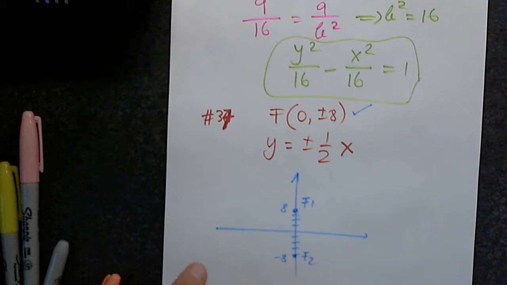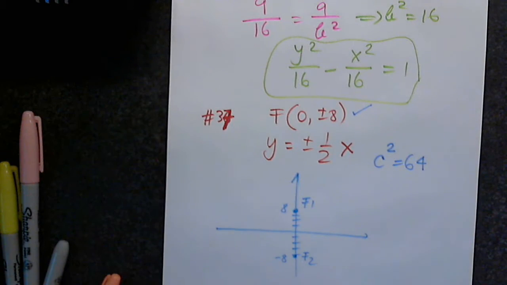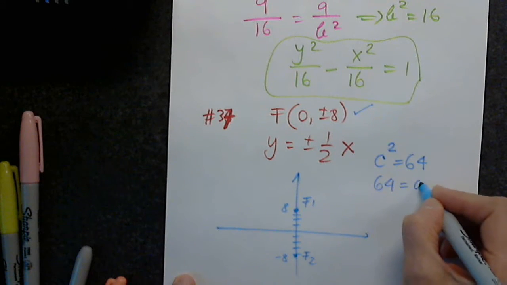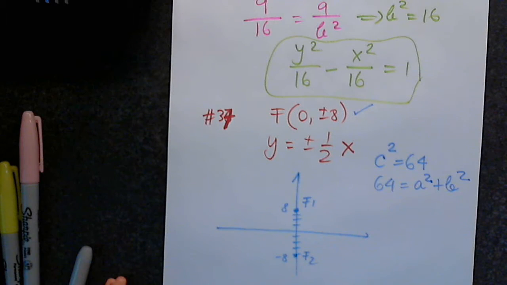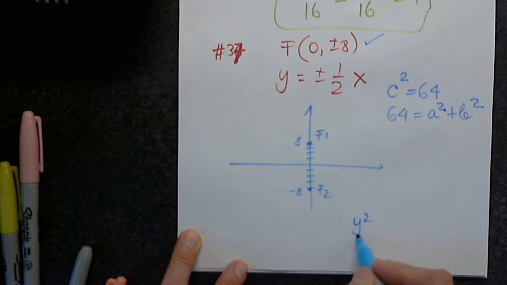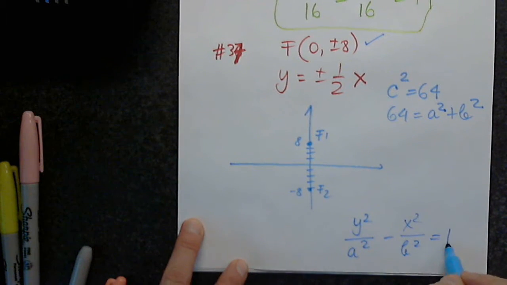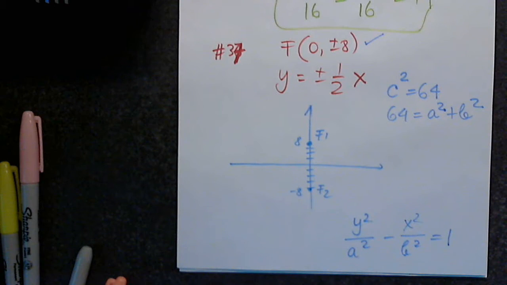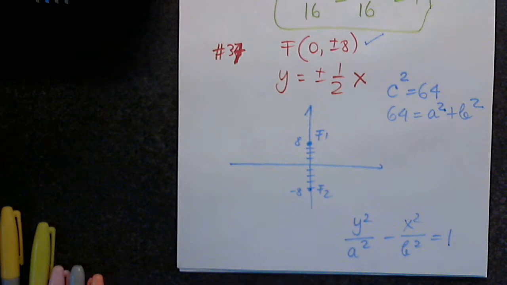I also know that c squared is 64, and I know that 64 will be a squared plus b squared. Once I know this, I know that y squared over a squared minus x squared over b squared will equal 1, because the transverse axis is on the y-axis.